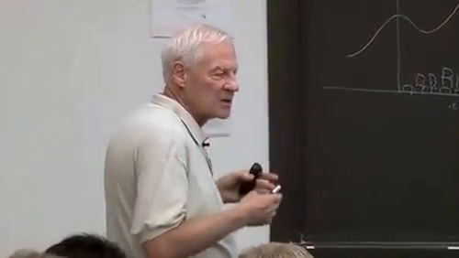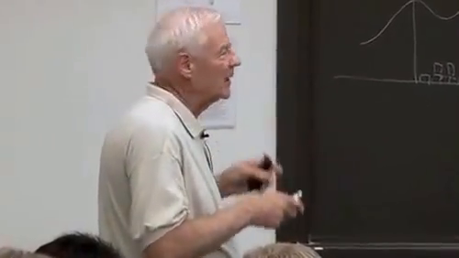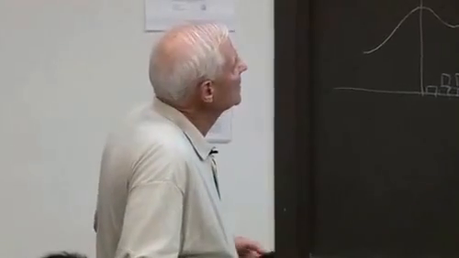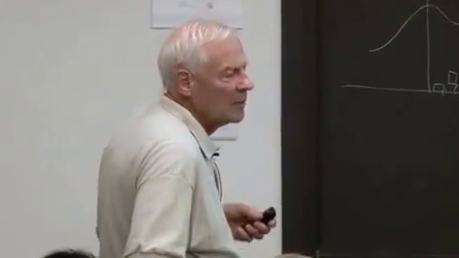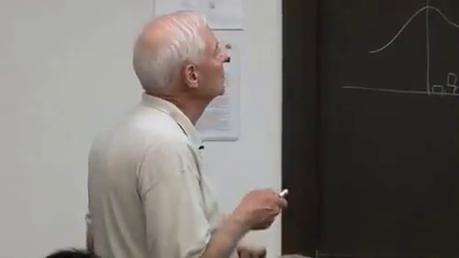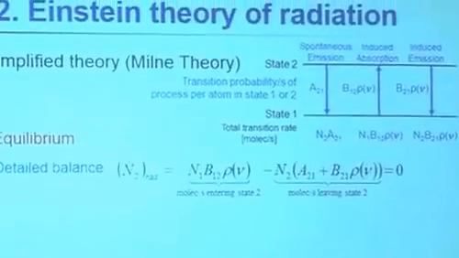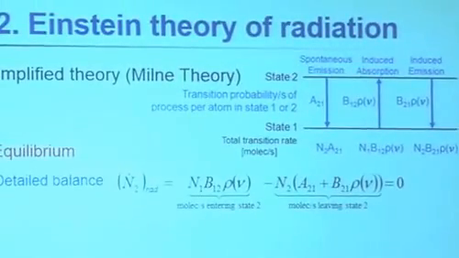Now you can imagine what's the situation at equilibrium. What are the relationships we can get by examining equilibrium? So we know that at equilibrium, all microscopic processes are balanced. And so we can do what's called detailed balance. We can write a rate equation for the population in 2. That would be the number of molecules in 2. Right now we're not worrying about whether it's per unit volume.